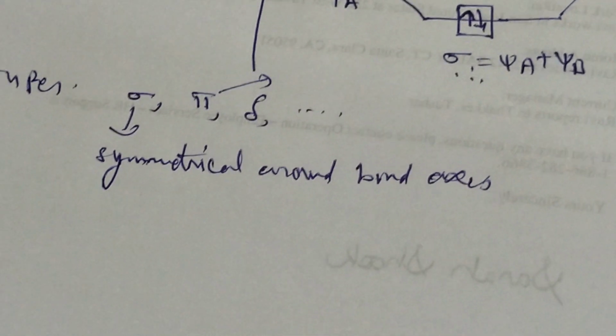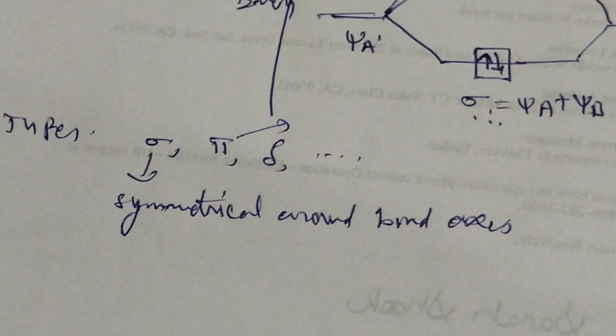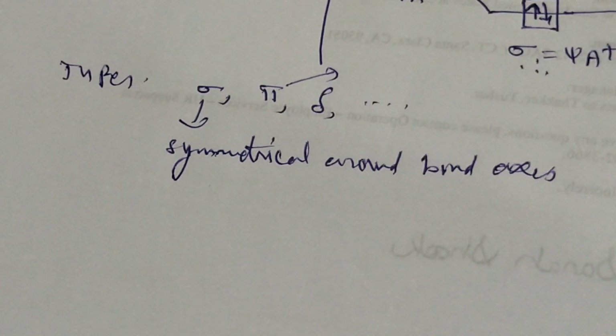So there will be so many molecular orbitals: 1s sigma, and 2px, 2py, 2pz, like this.